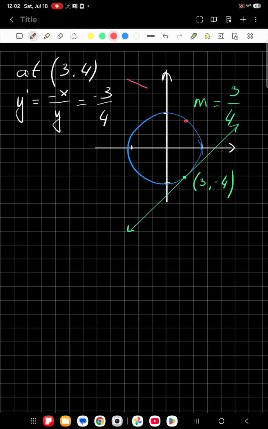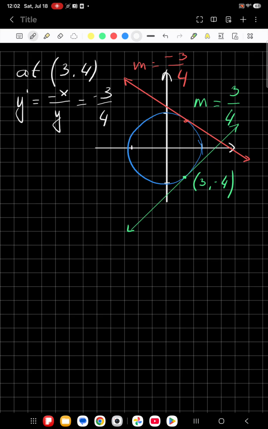And then again we have the tangent line, something like this. And you see the slope is negative 3/4.